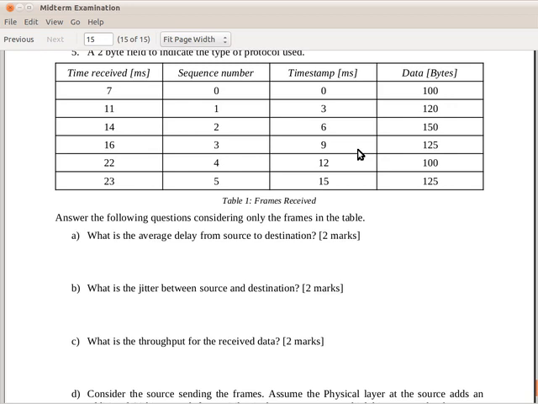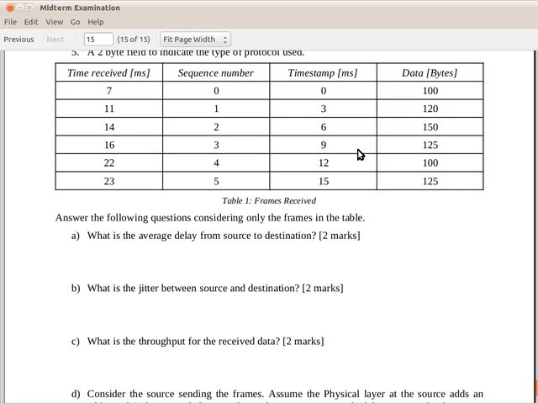The receiver between time 7 and time 23, over 16 milliseconds, has received the sum of these in bytes, which is 720 bytes received in 16 milliseconds.